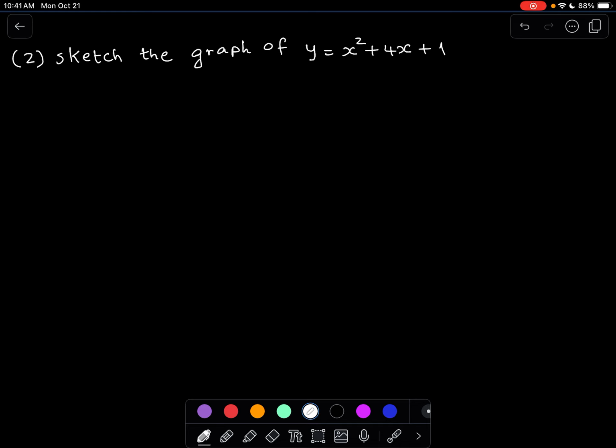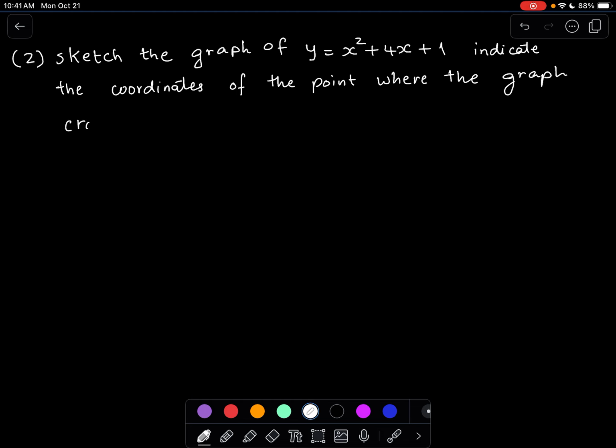I'll complete the question by adding, indicate the coordinates of the point where the graph crosses the y-axis, and the coordinates of minimum point.